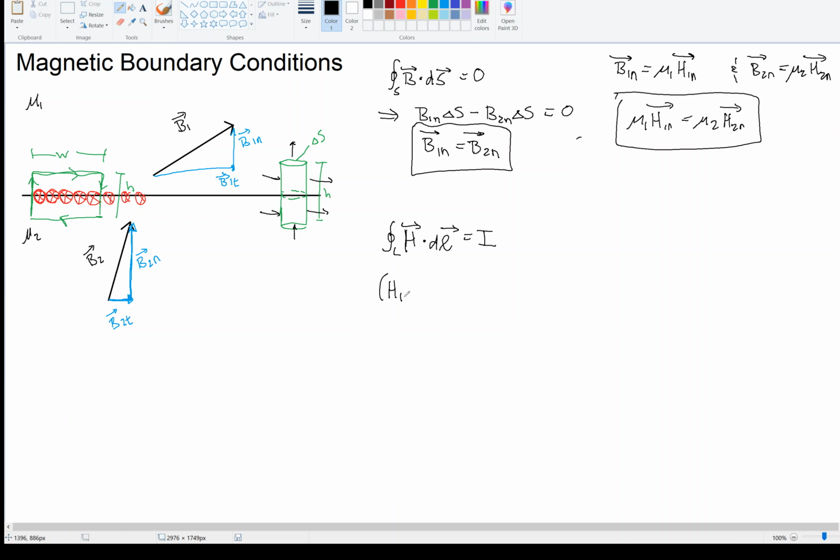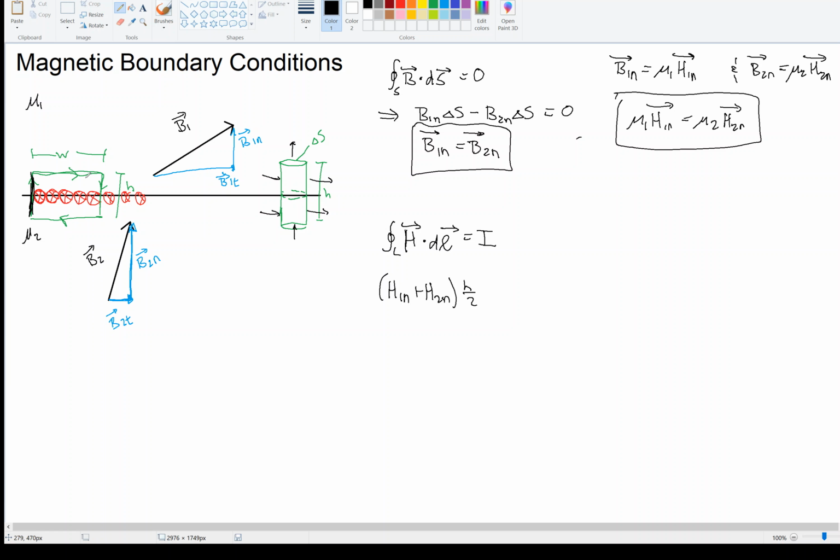Okay, so now when I evaluate this closed line integral, I have the following. I have H1n plus H2n times h over 2. So that would be from this side here. H1n is in the same direction as B1n, so that's up for h over 2. And down here I also have up for h over 2. So this entire thing is this segment here.